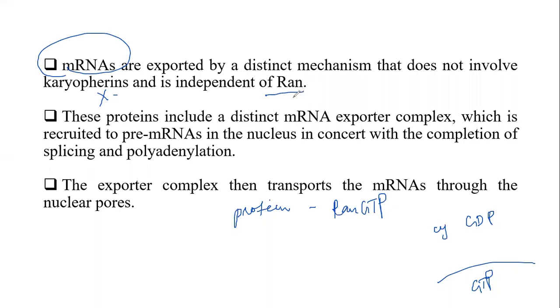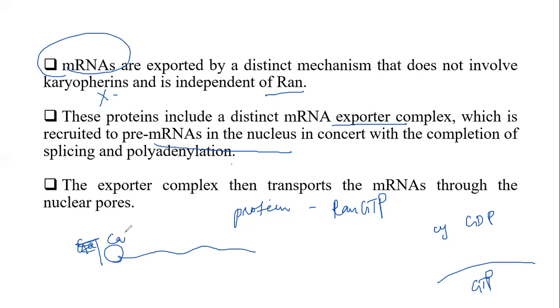Now, how exactly is this being exported? These proteins include a distinct mRNA export complex, which is recruited to pre-mRNAs in the nucleus in concert with the completion of splicing and polyadenylation. As we have studied during transcription, mRNA में आपके पास cap होता है.